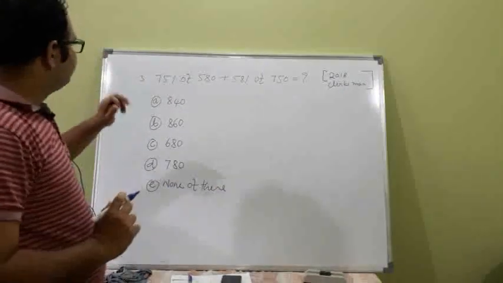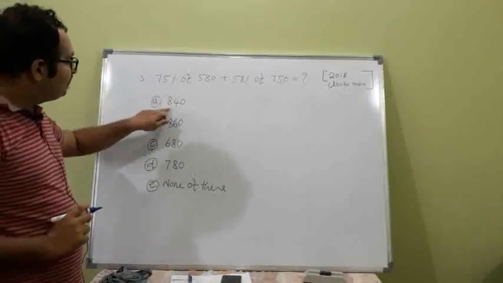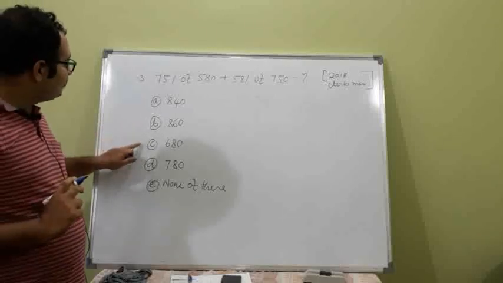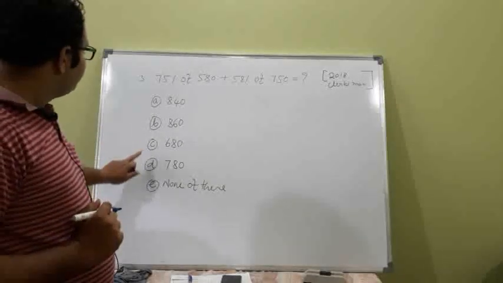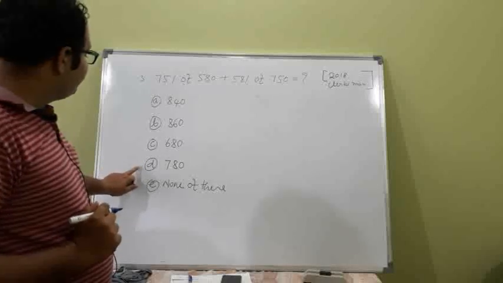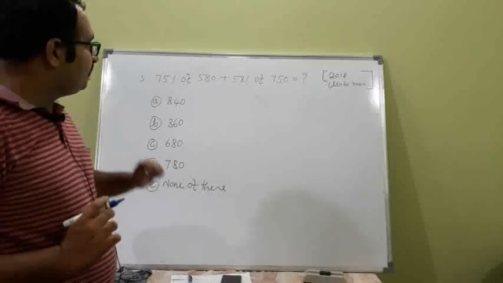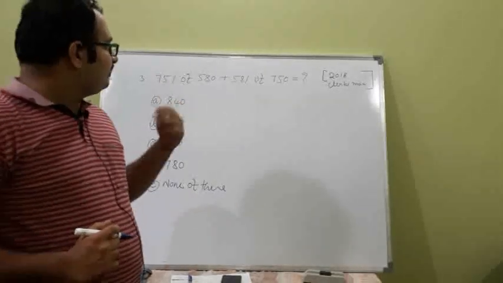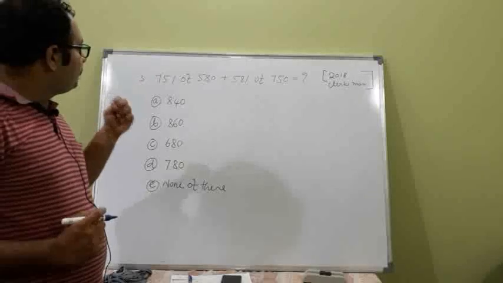So just observe the thing. Here are the options: 840 first option, second option 860, third option 680, fourth option 780, fifth option none of these.